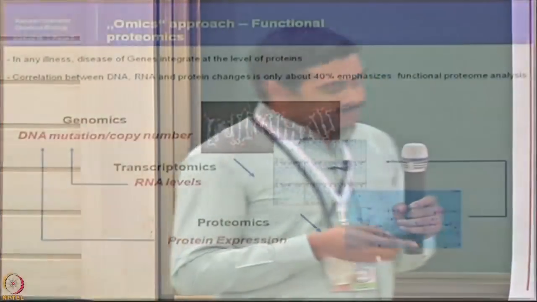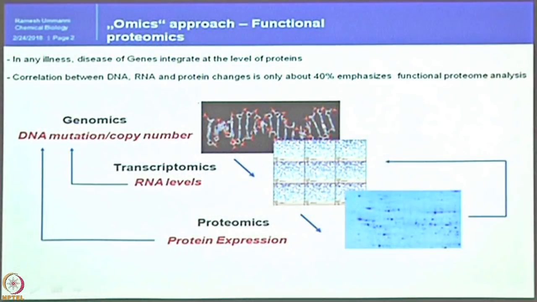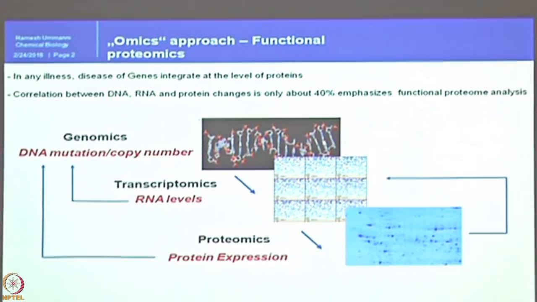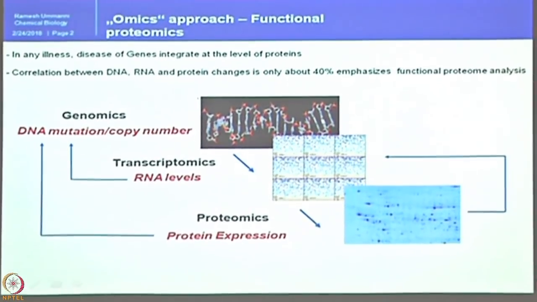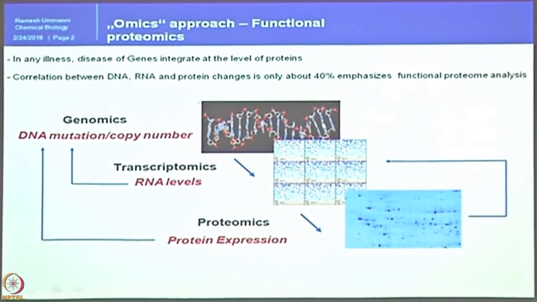Here is the central dogma of molecular biology: DNA to RNA, RNA to protein. All the essential functions carried out by a cell are stored as information in the form of DNA, in the form of genes.